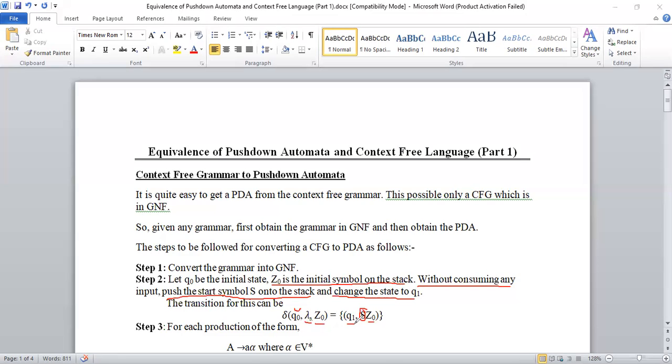The stack already has Z0, so we have to push S onto the stack. So S Z0 is now in the stack, and it can also change the state from Q0 to Q1. So (Q1, S Z0). Understood what I am saying? Okay. So that is step 2.